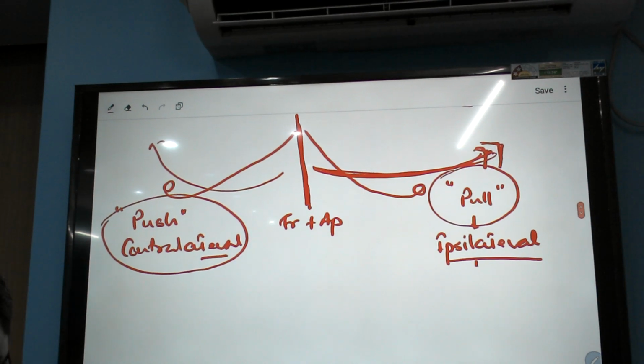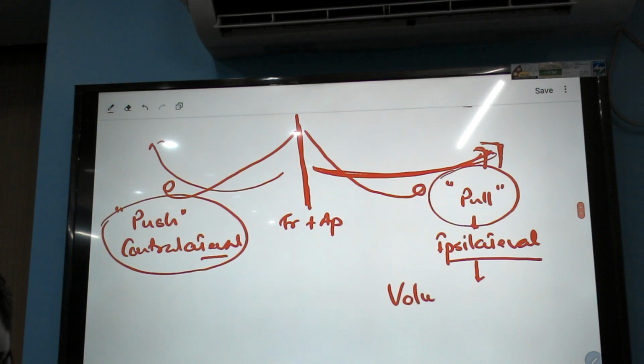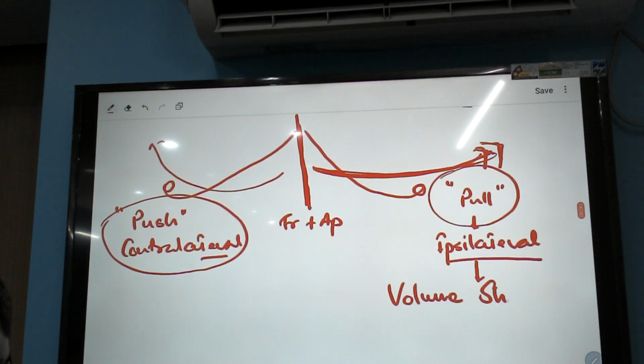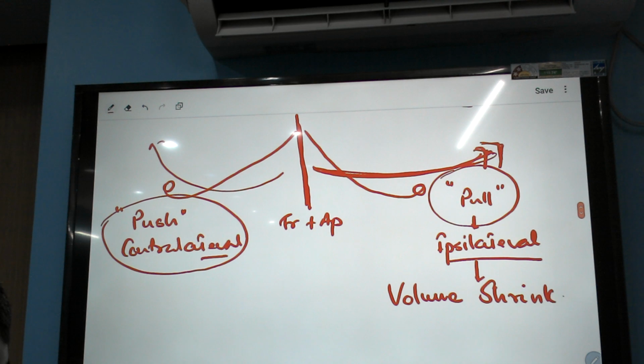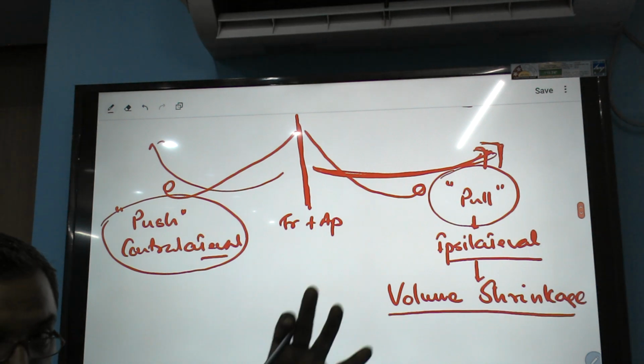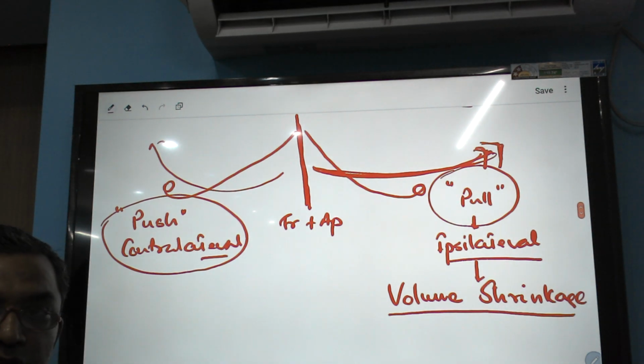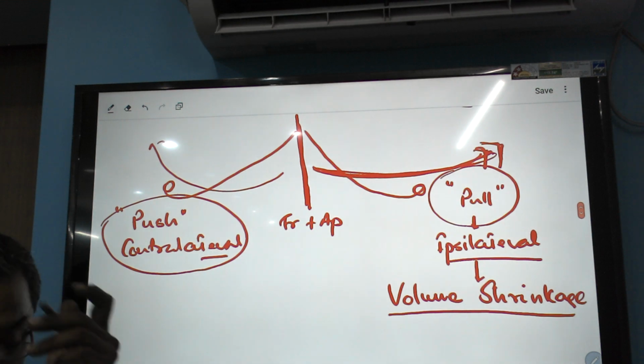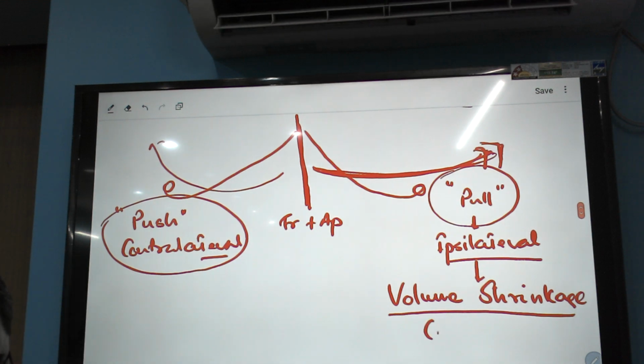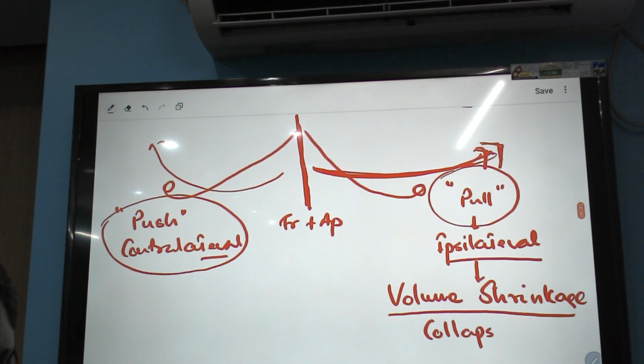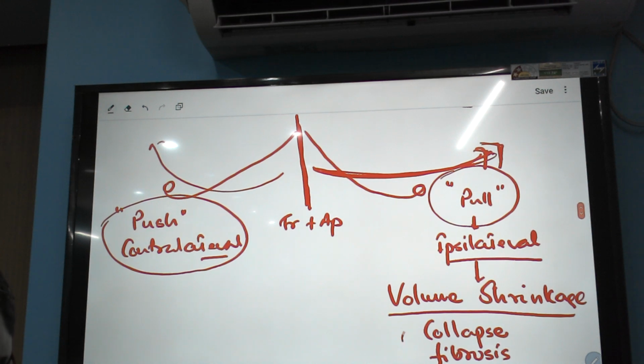Pull effect gets created যখন লাংসের ভলিউমটা lung volume significantly shrinkage হয়, and that shrunk lung volume এর জন্য the shifting takes place, and therefore pull effect is created by collapse or severe fibrosis of the underlying lung.